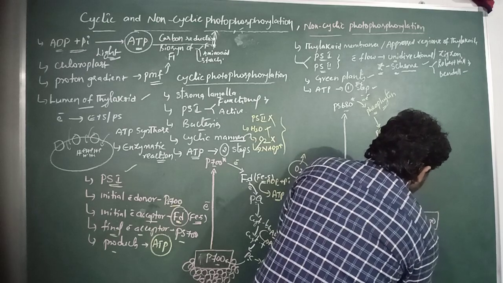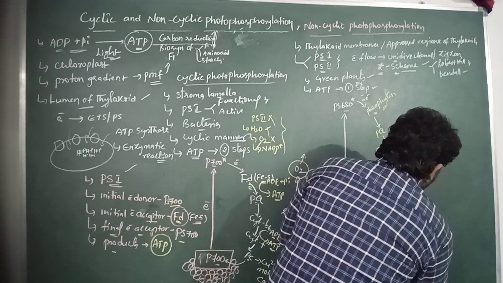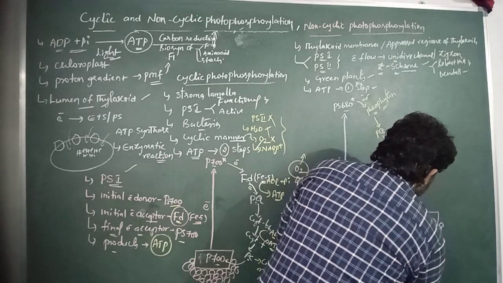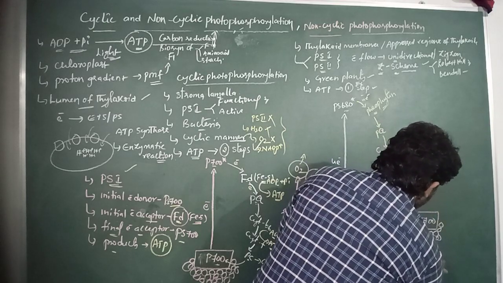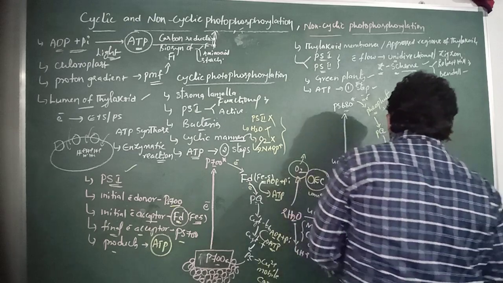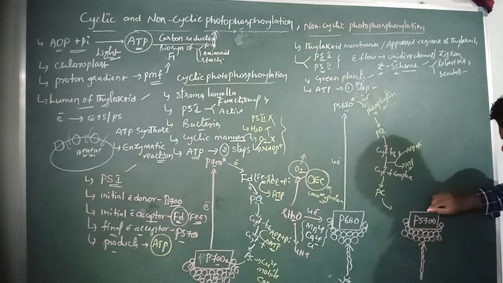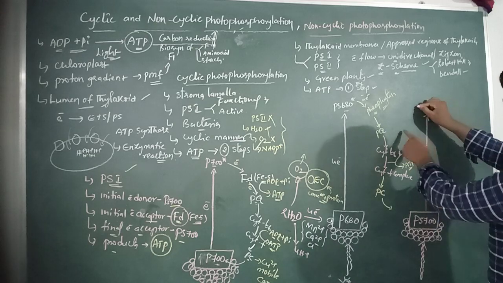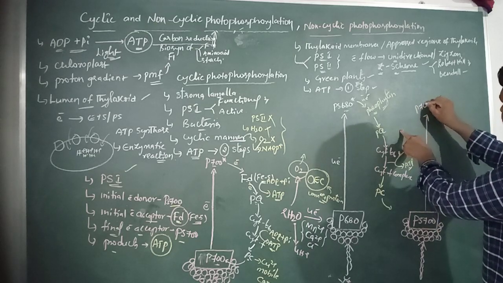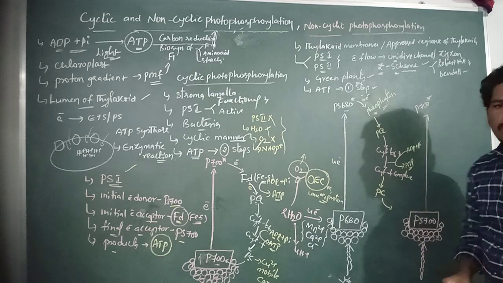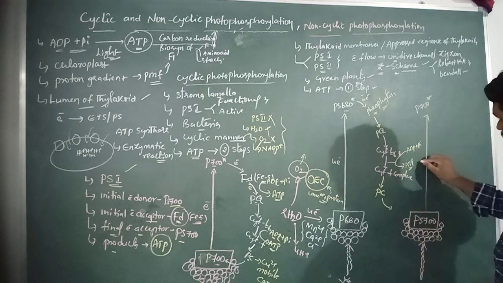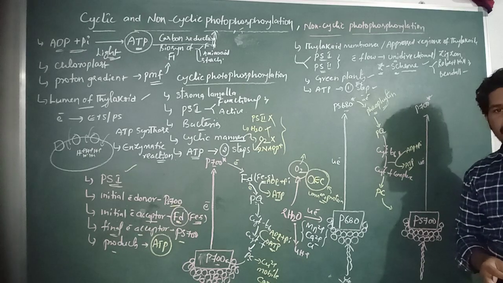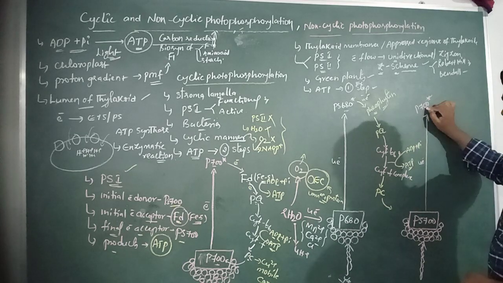Around the PS1 the chlorophyll pigments are located, which absorb sufficient light energy, release electrons and go to the excited state. So here the electrons released from P700 go to the excited state.